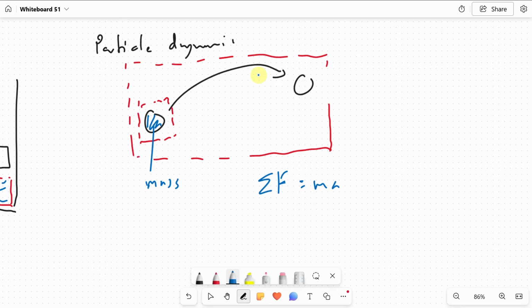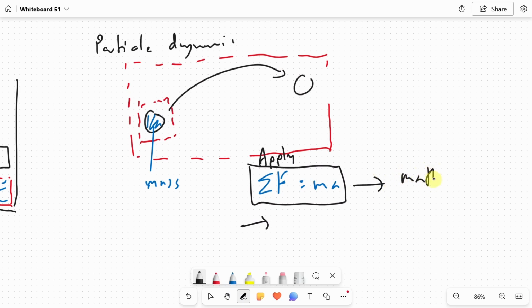What we'll get from this is we will find a physical law, a mathematical expression. So when we apply Newton's second law, what comes out of this is a mathematical expression that expresses the motion of this particle.